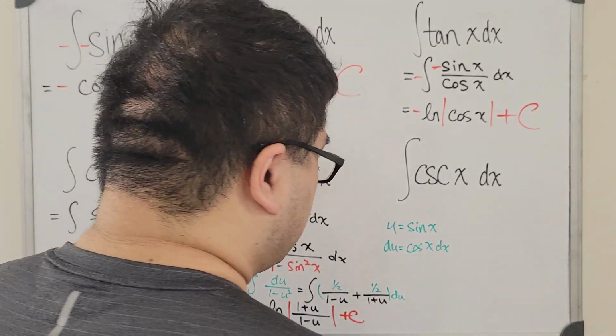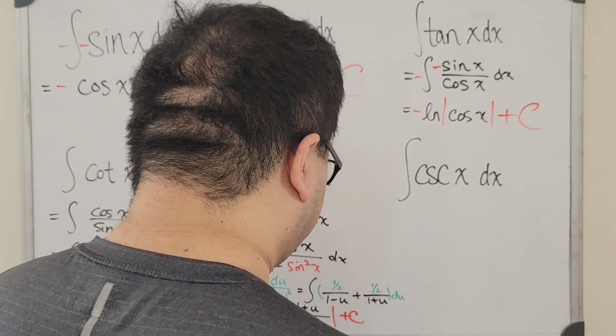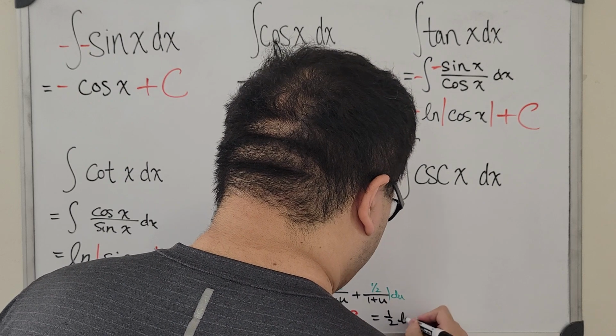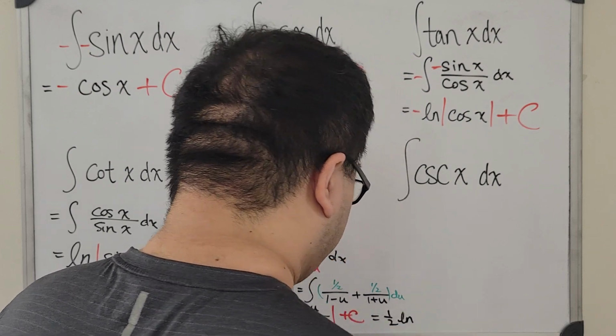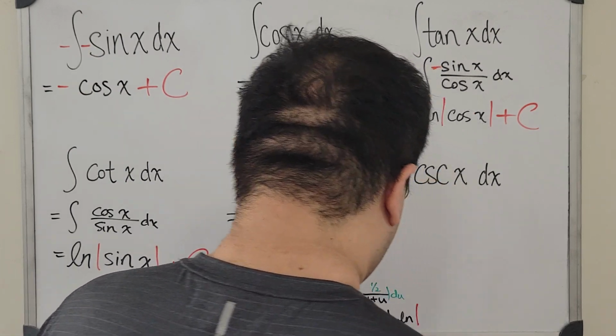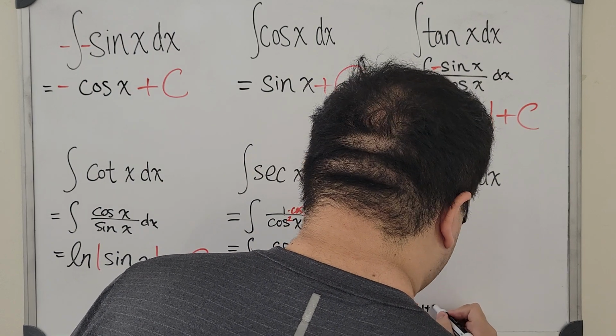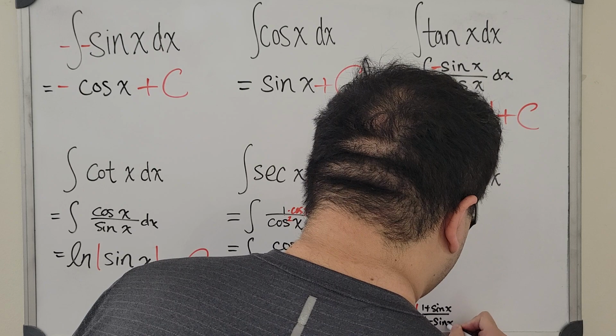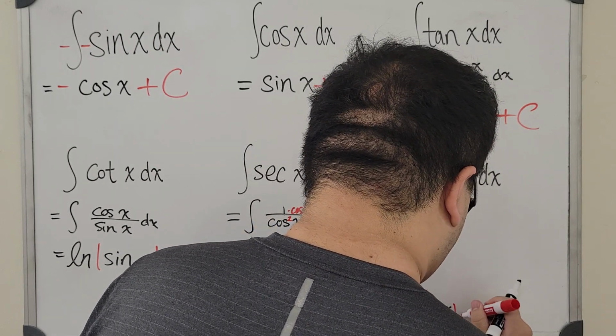So now we just need to substitute back to give us the result, 1/2 of ln of the absolute value of 1 plus sine of x over 1 minus sine of x plus c.